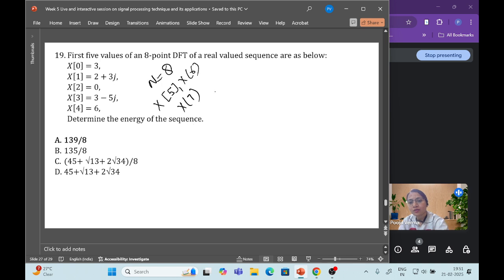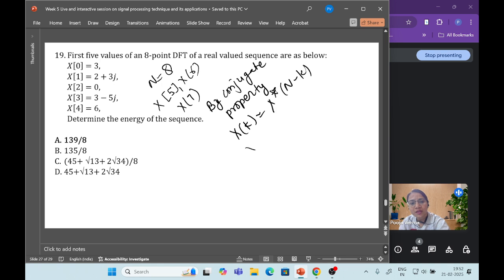We already know that by the conjugate property, X of k is equal to X conjugate of N minus k. So X of 5 will be X conjugate of 8 minus 5, so X conjugate of 3. X of 3 is 3 minus 5j, so the conjugate is 3 plus 5j, right?